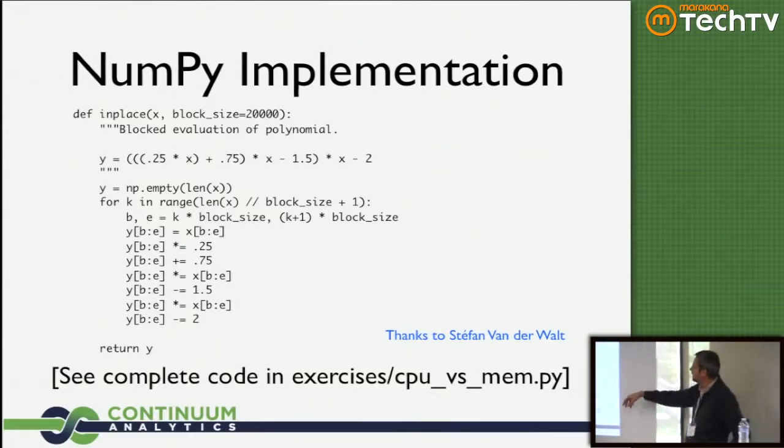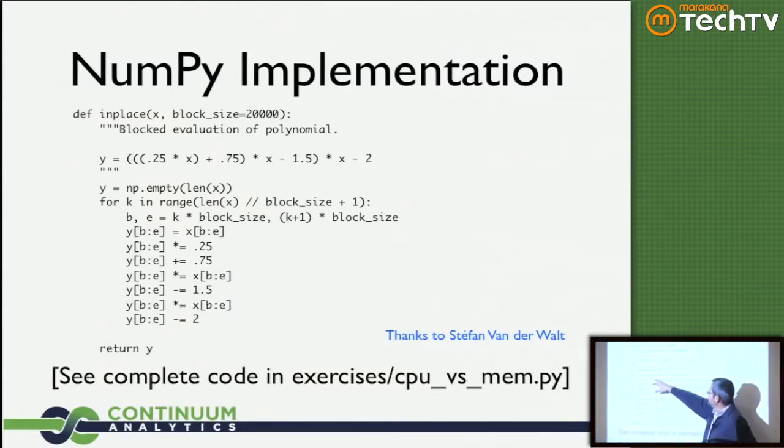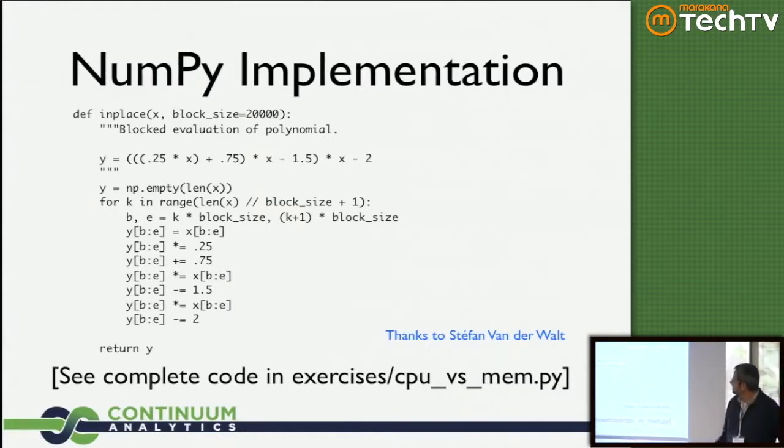Okay, it makes a loop and it fetches blocks from the X, and then does all the operations in place. Okay. So this is how to do the same thing in NumPy.